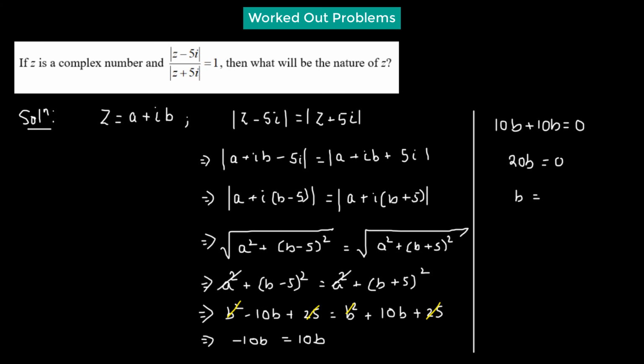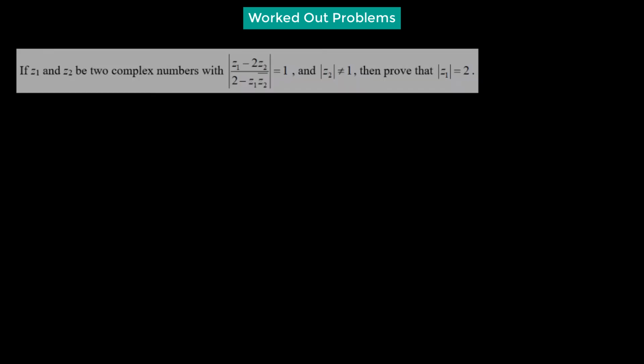So therefore we can say that the b value is equal to 0. So for the complex number z given by a plus ib, here the b value is 0. So we see that z is a real number. So this is purely a real number. So that is the nature of our complex number z. Let's move on to the next question.